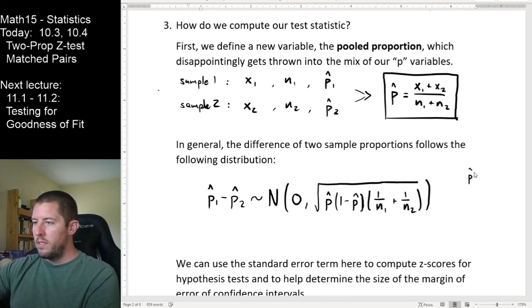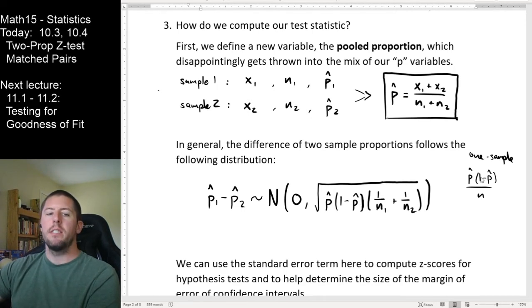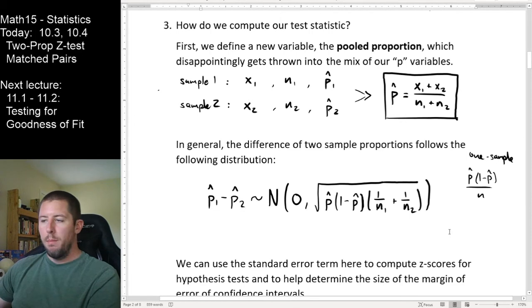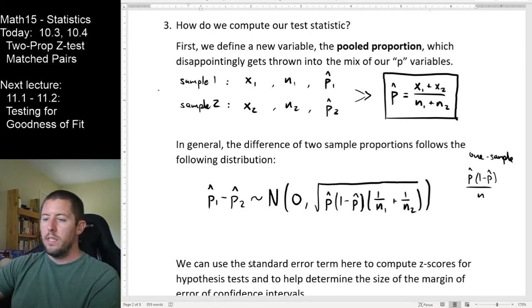In our one sample test, we had things like p hat times 1 minus p hat over n. You can see we have similar stuff here. In fact, if you just ignore the 1 over n1 plus 1 over n2, then that's exactly what we have here. The only difference is that there p hat was just x over n. Here p hat has two different x's and two different n's, and it's taking them both into account. But this does look and feel similar to the one sample scenarios.